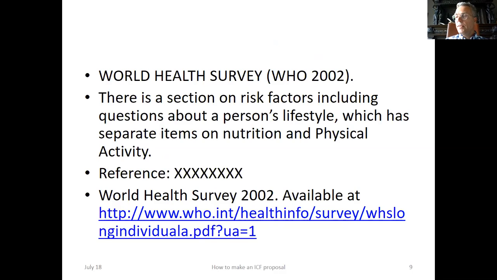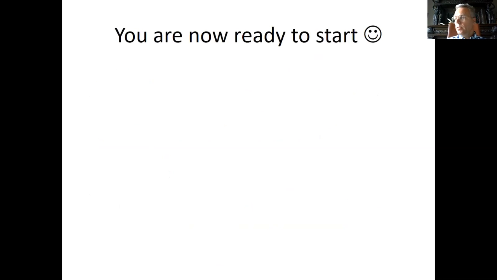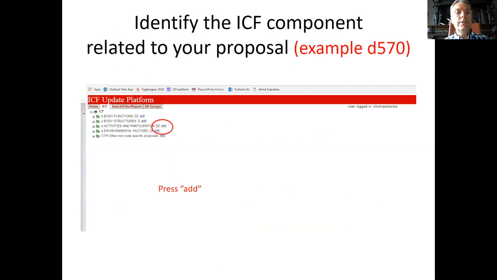So if you have the rationale and you have the evidence written, you're ready to make the proposal. The first thing you need to do is to identify the relevant ICF component related to your proposal. Here, related to proposal 324, this is D, Activities and Participation, because this is D570.